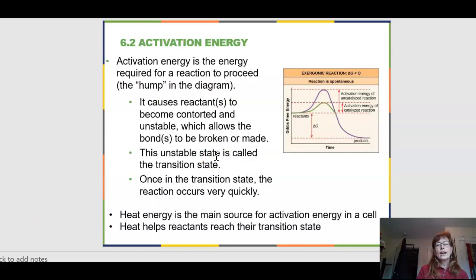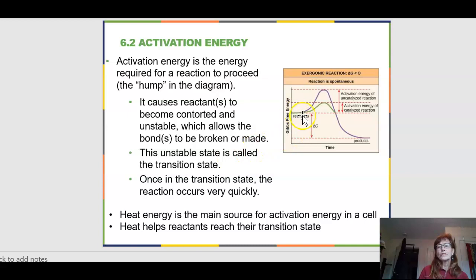Now, you're logically saying, wait a minute, how does that all happen? Well, it will happen over some period of time. Those exergonic reactions happen. However, in the human body, we don't always want to wait that long. So very often what we need is some form of something to help the process.